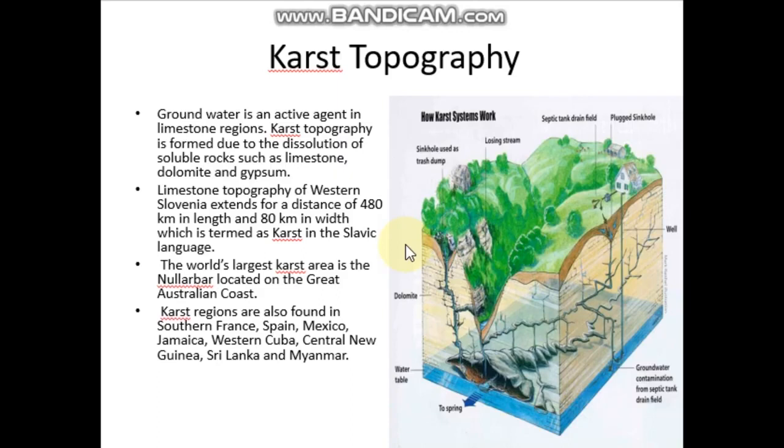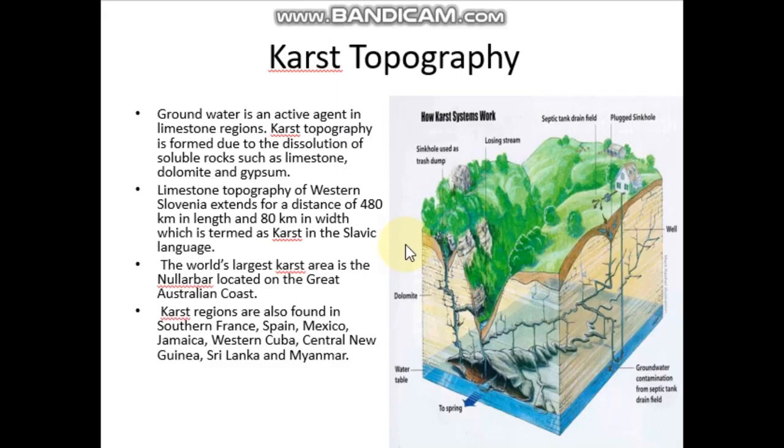Limestone topography of Western Slovenia extends for a distance of 480 km in length and 80 km in width, which is termed as karst in the Slavic language. The world's largest karst area is the Nullarbor, located on the Great Australian coast. Karst regions are also found in southern France, Spain, Mexico, Jamaica, western Cuba, central New Guinea, Sri Lanka and Myanmar.